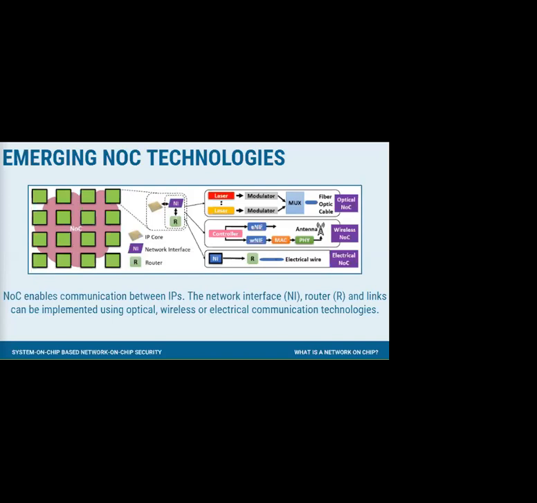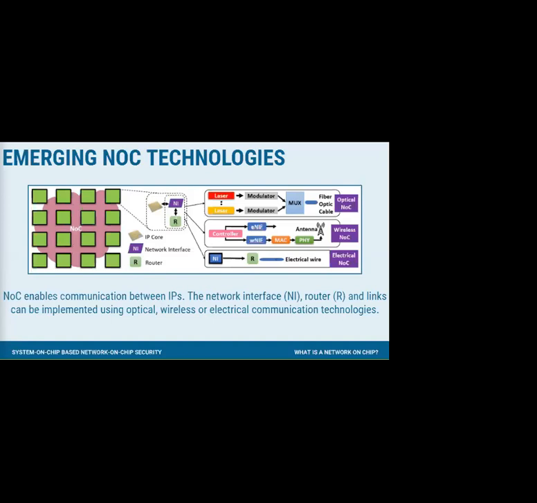The electrical network on chip was the solution, but from the electrical network on chip we have to increase the bandwidth, and for that we use wireless network on chips and optical network on chips. So the bandwidth issue is reduced there.